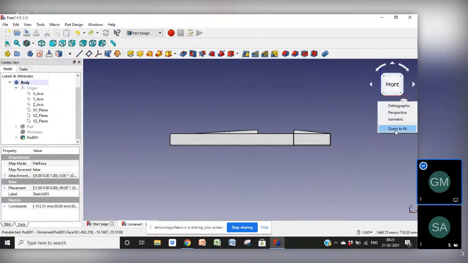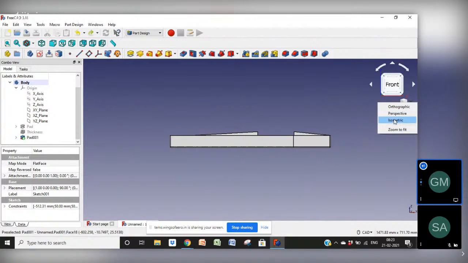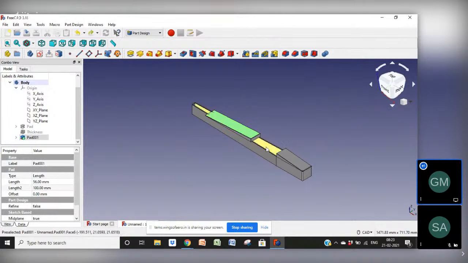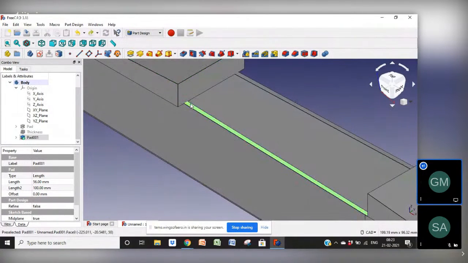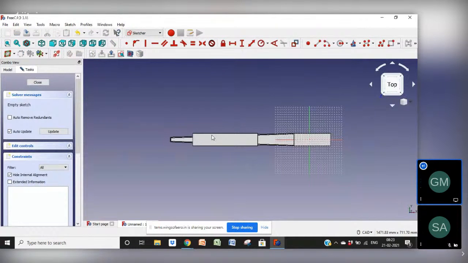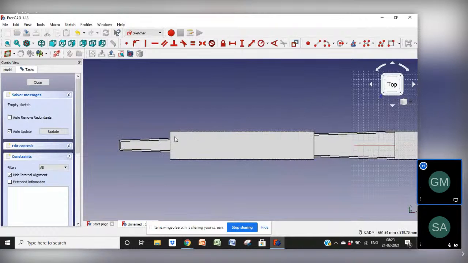And now, what we will need to do, this extra portion, we need to cut that extra portion. And for that, I am taking this plane and sketching over it. First, zoom to fit. Here, I will just need a straight line. Okay, I will take a polyline.